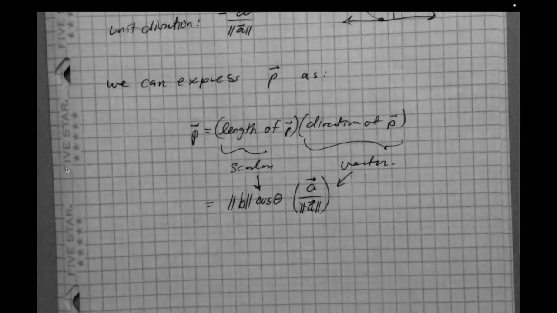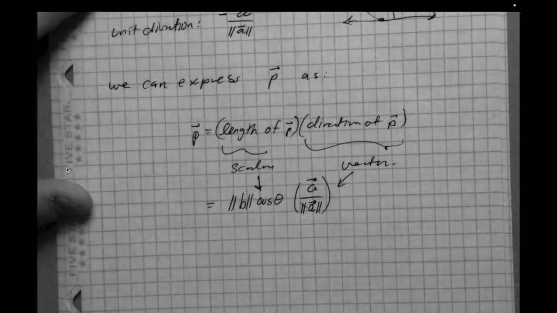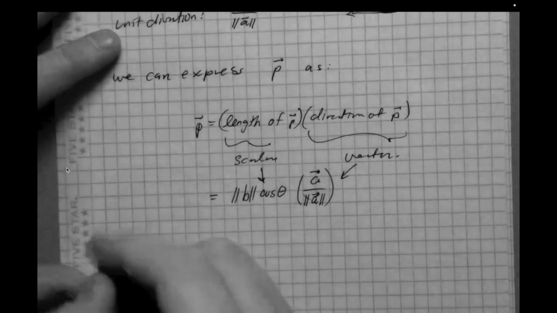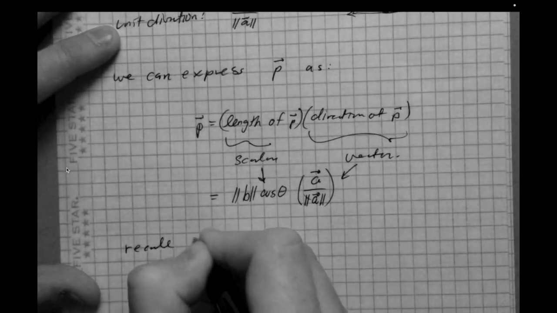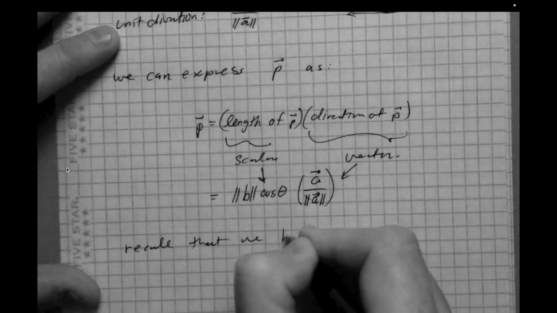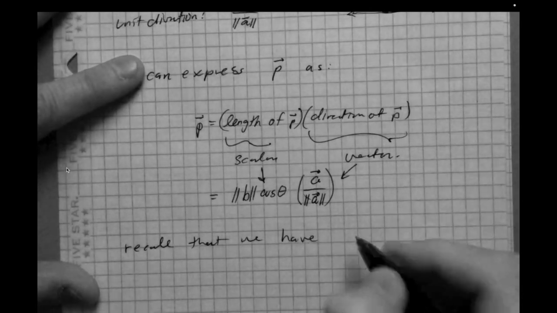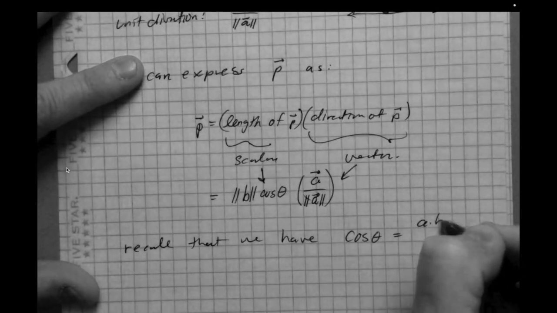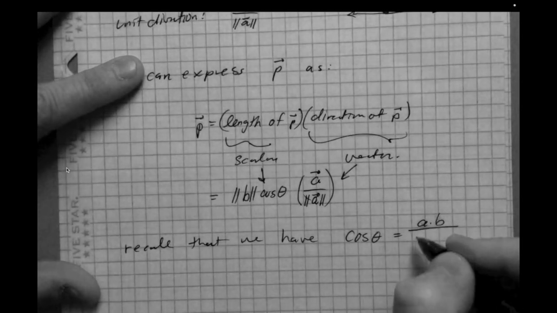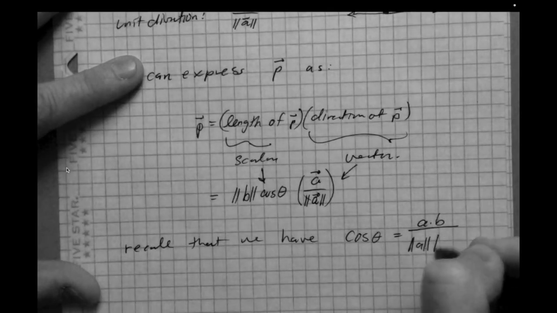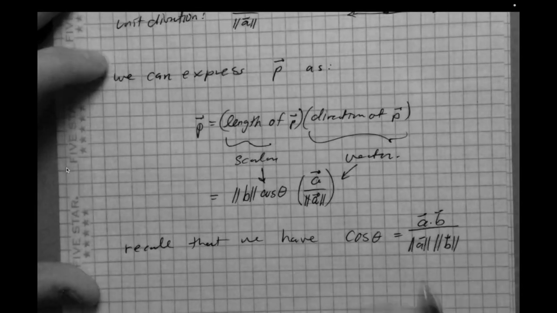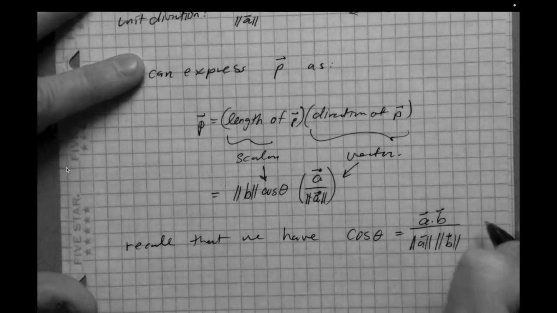Okay, so that's the starting point here, but recall that we have this theorem: cosine of theta is equal to A dot B over the norm of A times the norm of B. And so what does that imply?